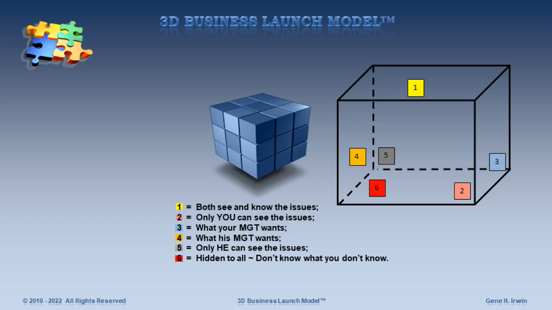Number 5 is only what they can see the issues. And number 6, underneath, on the bottom, nobody can see. It's hidden through all. You don't know what you don't know. And that's why this whole process is something I developed called the 3D selling process. Makes a little bit of sense now, doesn't it?